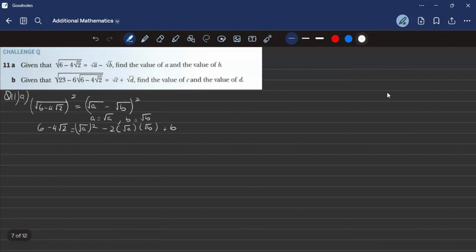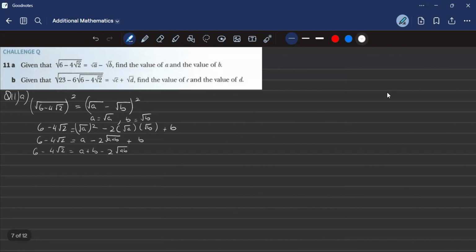Next thing, 6 minus 4 under root 2 is equals to a minus 2 under root a multiplied by b plus b. So 6 minus 4 under root 2 is actually equals to a plus b minus 2 under root ab.